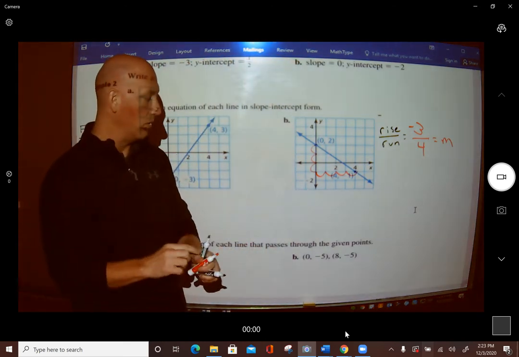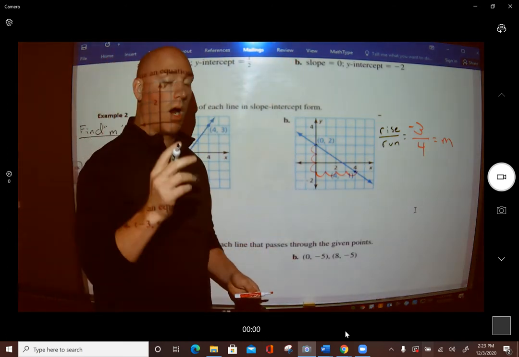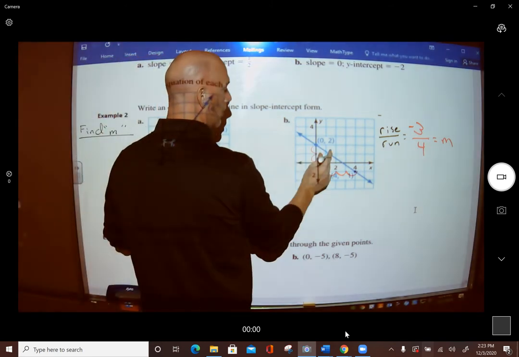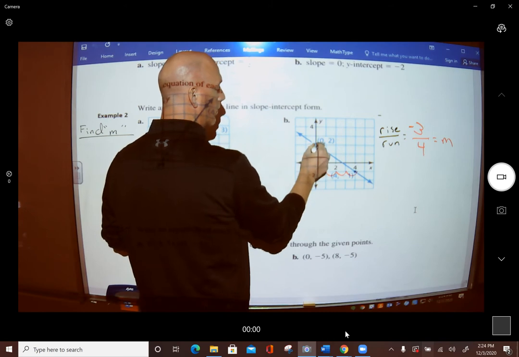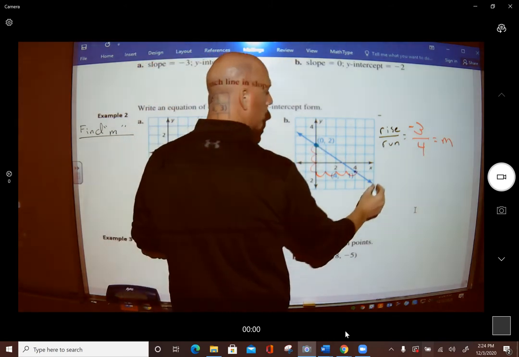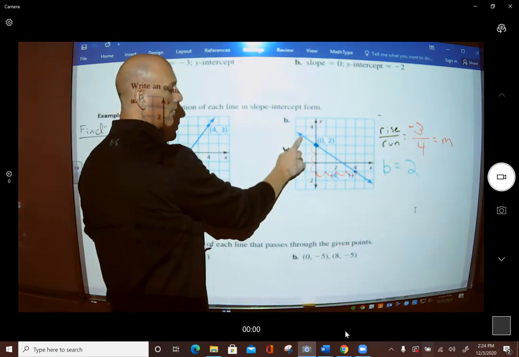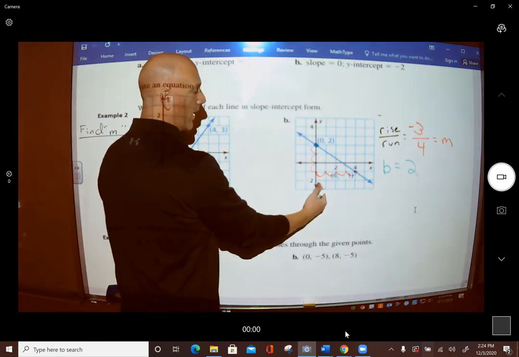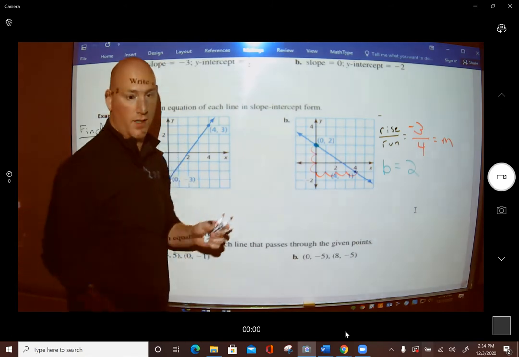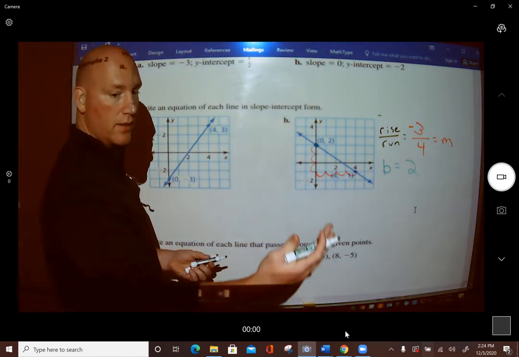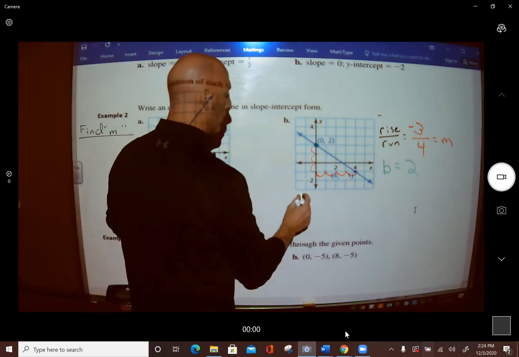Now all we have to do is find our b. Our y-intercept is where our line crosses the y-axis. Mark it in green here. So our b equals +2, because it's where this line crosses the y-axis. You see, it's where they meet right there. Okay? Well, now that I know my m and my b, it's getting a lot easier to fill this in.